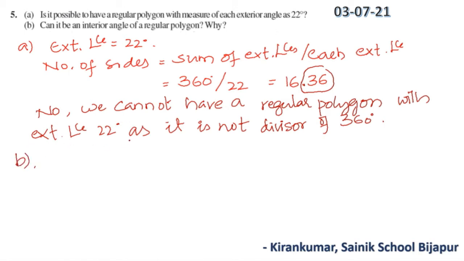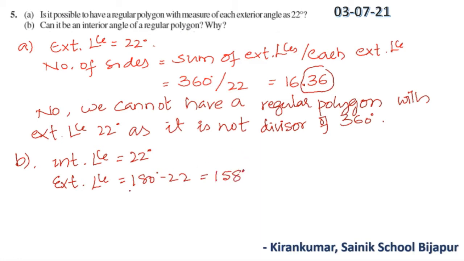Second sub-question, can this be an interior angle? Suppose I consider the interior angle as 22 degrees, I can find the exterior angle. The exterior angle will be 180 minus the interior angle, which is 22. We'll get it as 158. The number of sides is now 360 divided by 158.